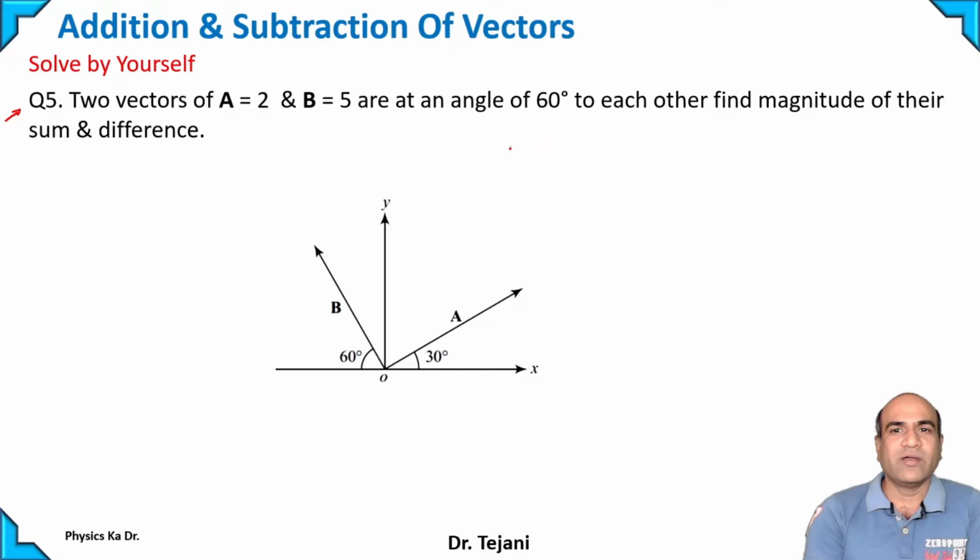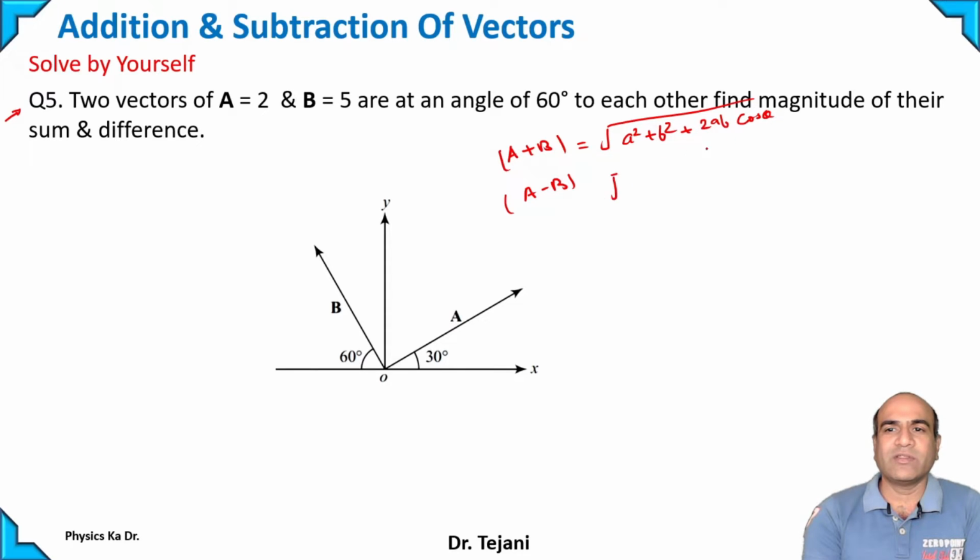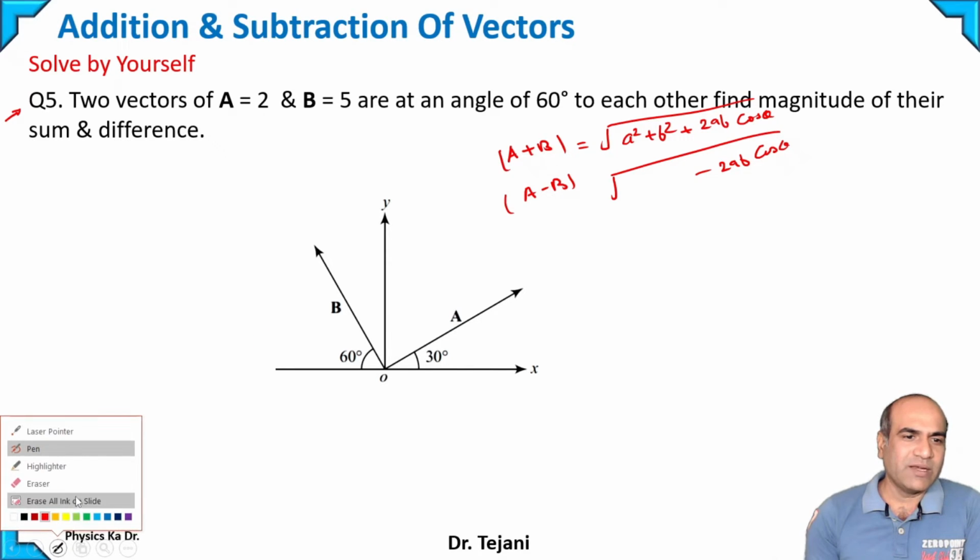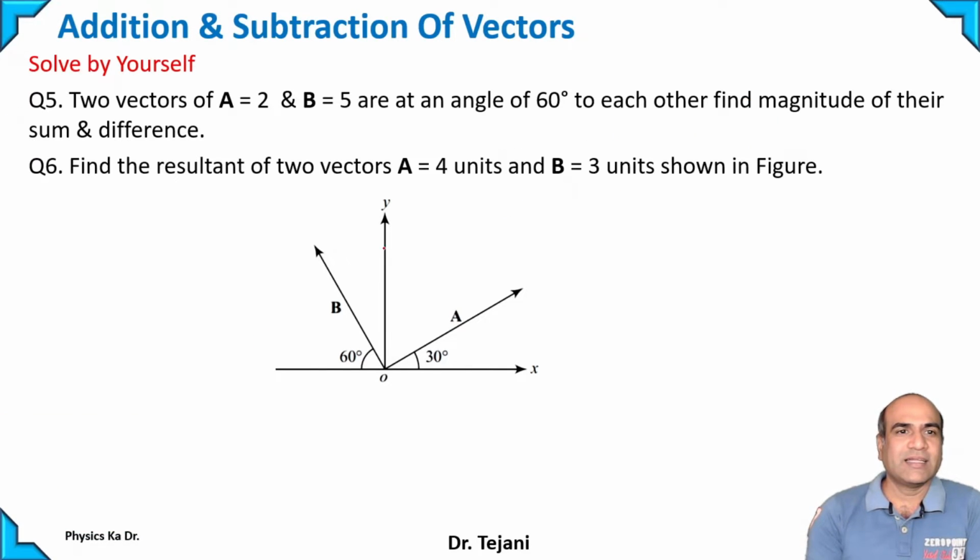You can have the A plus B equation as well as the A minus B equation that we already know: under root A square plus B square plus 2AB cos theta, and for the difference it becomes minus 2AB cos theta. Very simple. You solve this and comment your answer in the comment section.